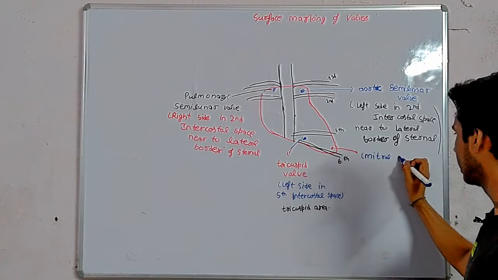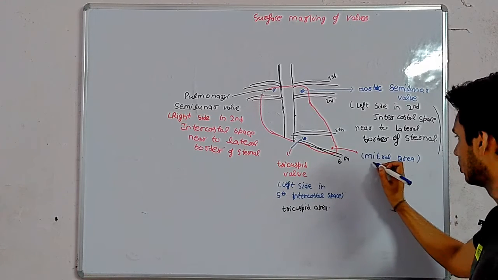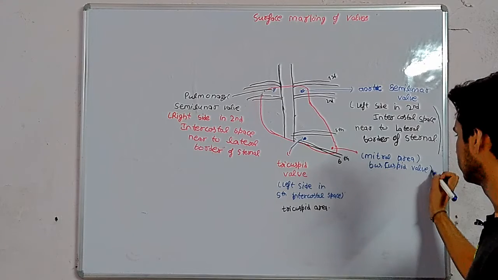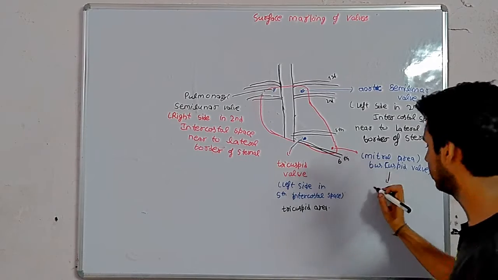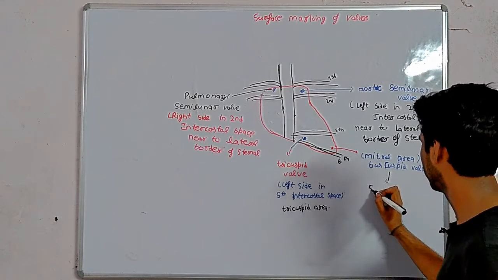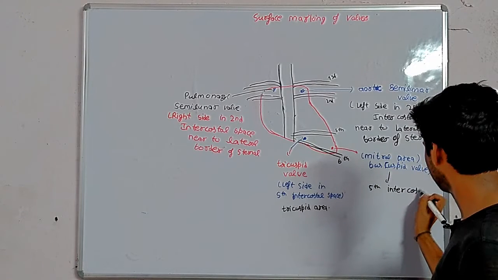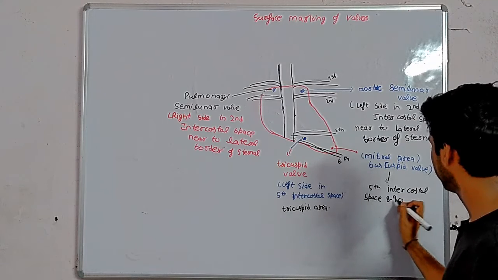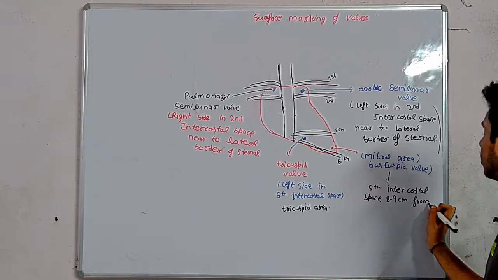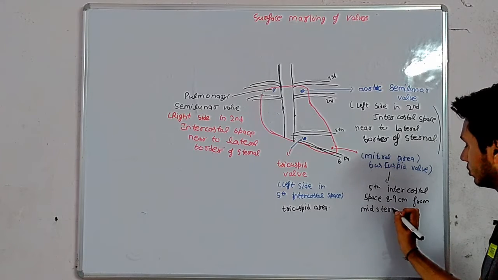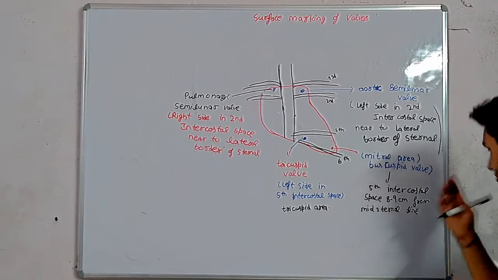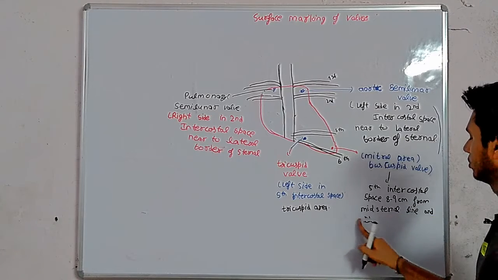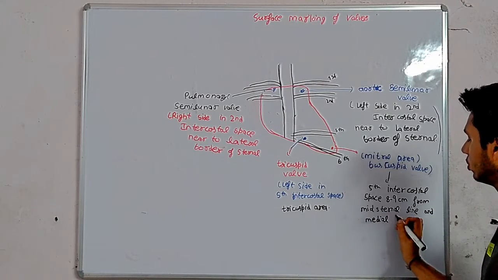The bicuspid valve is present here, in the fifth intercostal space, 8 to 9 centimeters from the mid sternal line, and medial to the mid clavicular line.